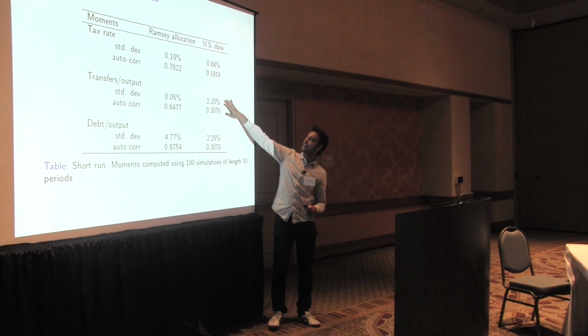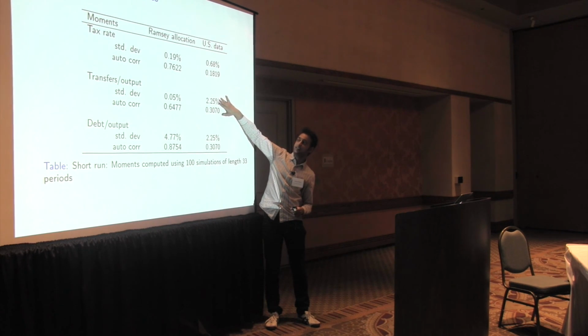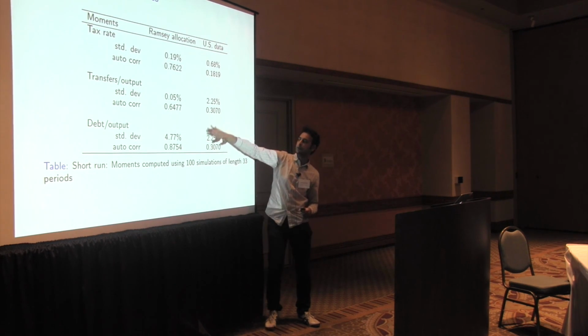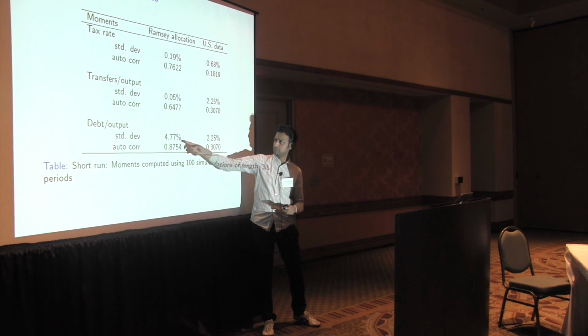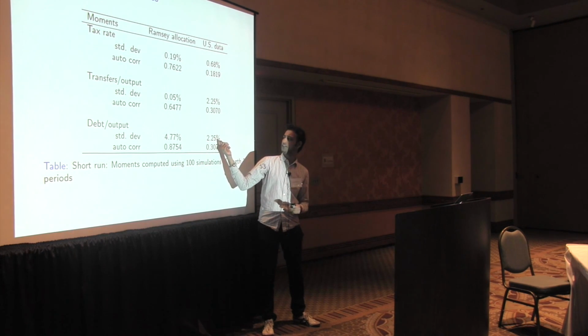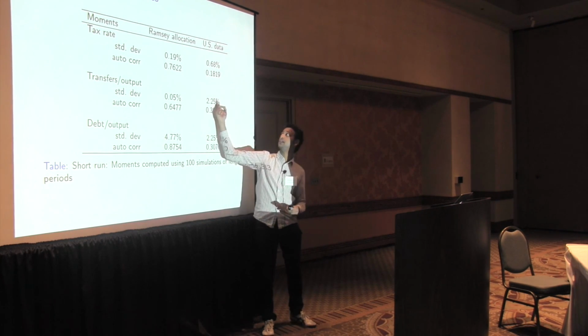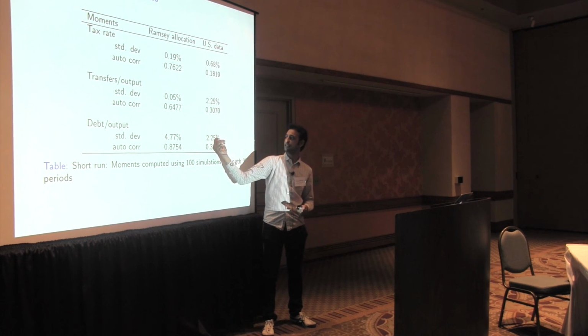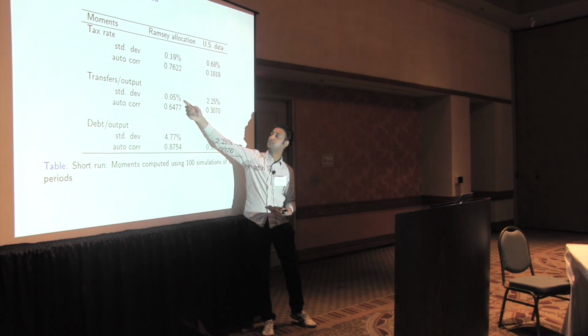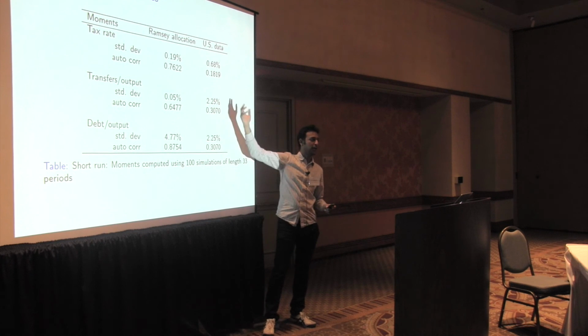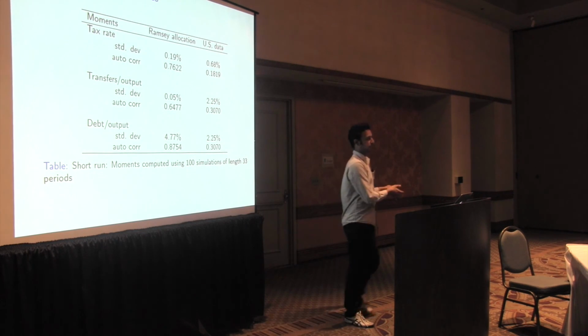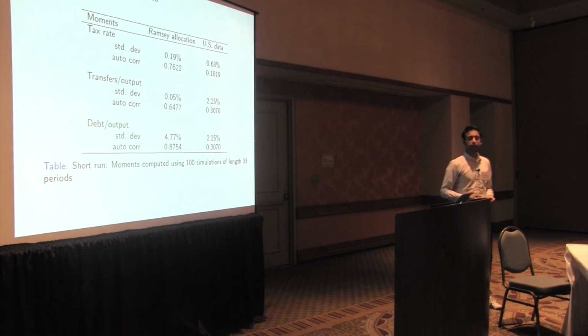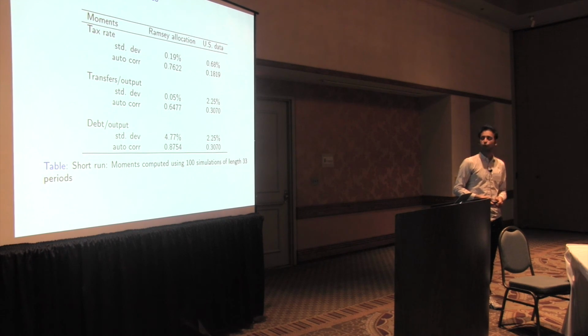And in the data, it looks like a lot of action comes from transfers. In the optimal plan, debt is more volatile than in the data, and transfers are less volatile. And this has to add up because of the budget constraint. If debt is taking more slack, then transfers don't need to. All right.